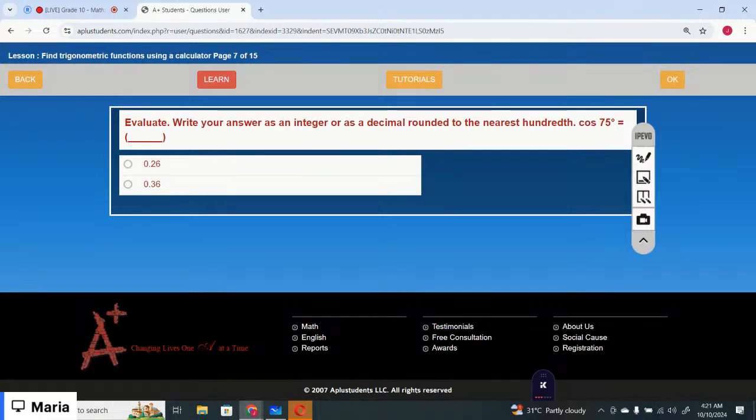Evaluate cos 75. So, which is the correct option? The correct option is, very good, that is 0.25, so you need to round it off. 0.26 is the correct option.